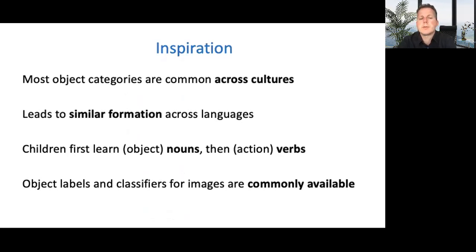So the hypothesis here is that given a large vocabulary of object nouns, it becomes easier to learn action verbs. And the nice thing is that the vision community has put a really large effort on making object labels and classifiers for images commonly available.